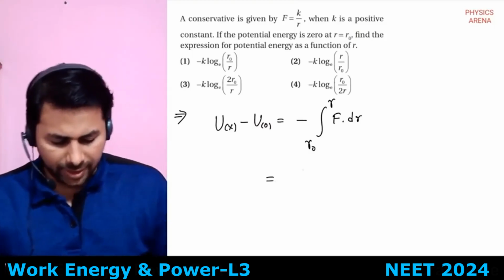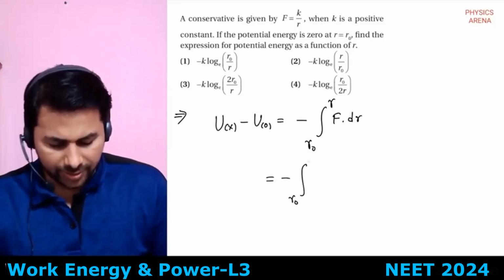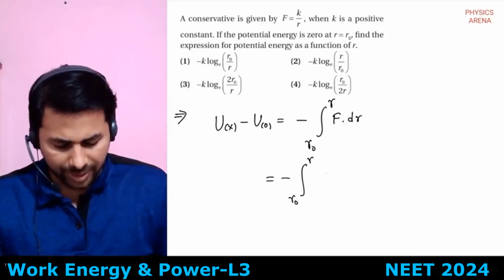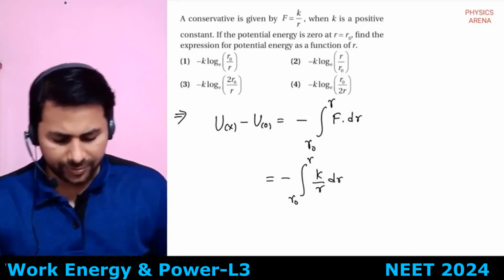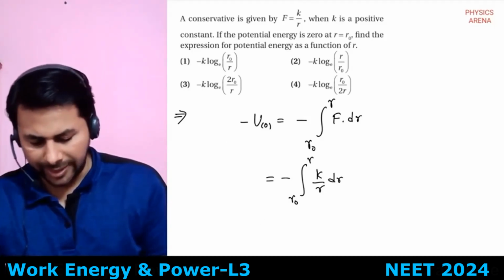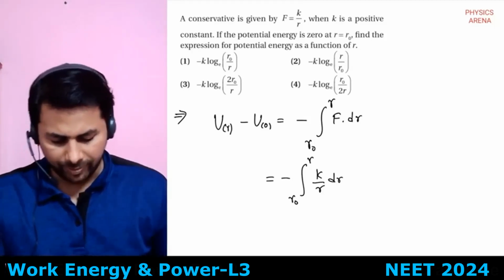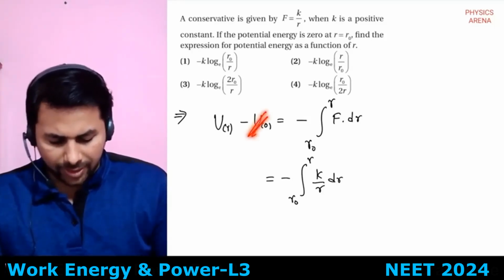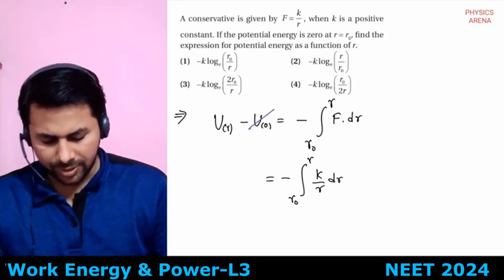So let's integrate this. This is minus the integral from R naught to R of K upon R. This is not U of x, this is U of R. U of R naught is 0, so this term is 0.